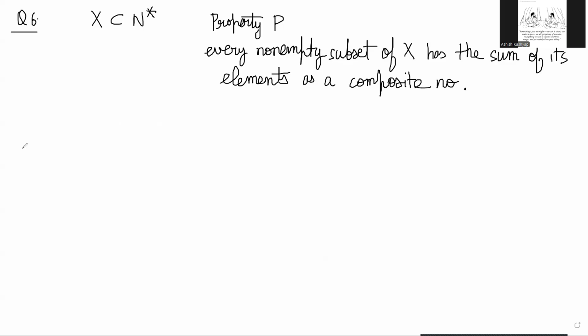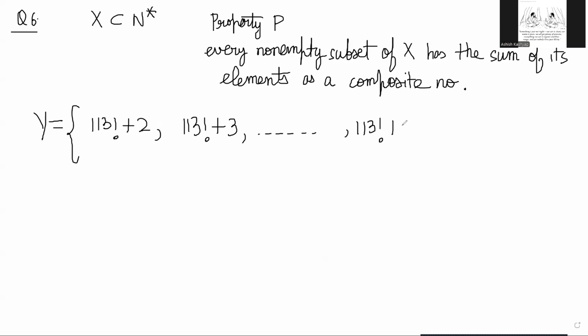You have to look at the set Y, which is equal to 113 factorial plus 2, 113 factorial plus 3, and so on till 113 factorial plus 15. And we have to show that this set has the property P.